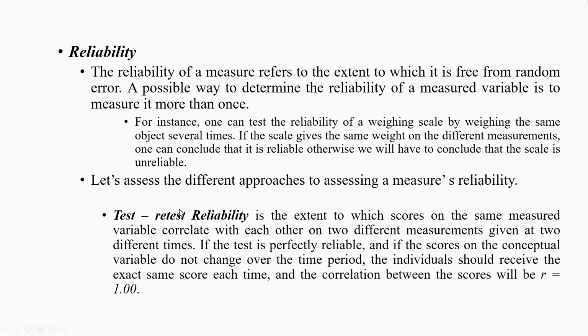Okay. So, if the test is perfectly reliable and if the scores on the conceptual variable do not change considerably over the time period, then as an experimenter you should typically receive the exact same score each time, and the correlation between the scores will tend to 1. See, 1 is the perfect correlation, 0 is no correlation at all.